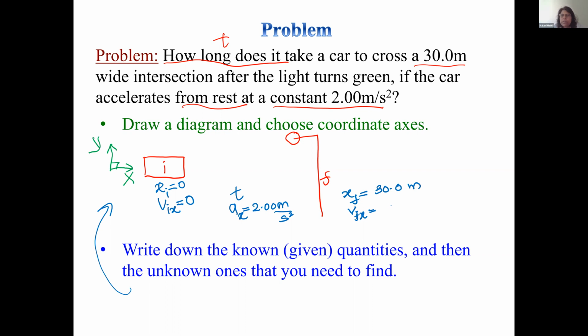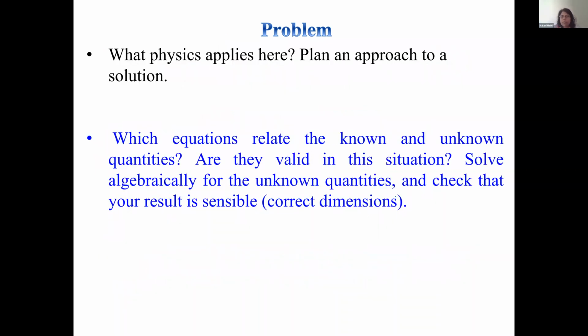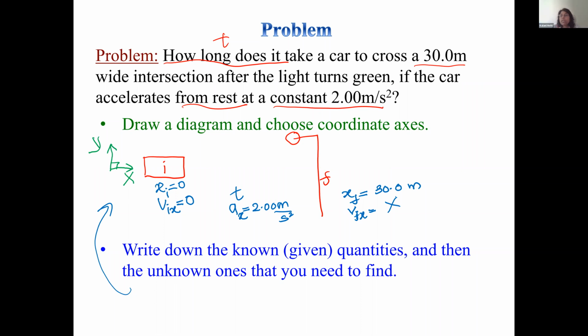Also, it's not asked for, so nothing to worry about that number, because if it's asked, you may need to calculate it. Otherwise, you can just leave it, right? So those are the given pieces of information, right? So now, according to the given information, the next step is what physics applies, and to plan the approach to the question.